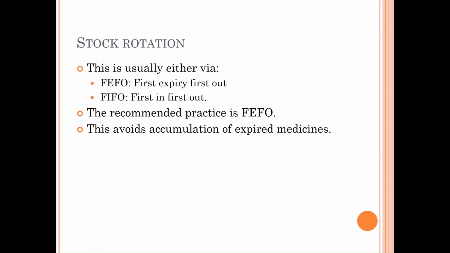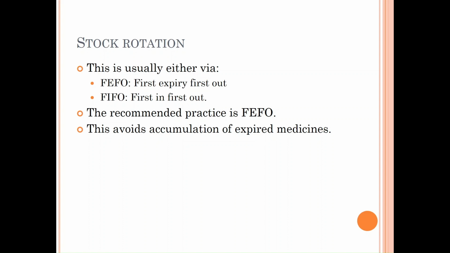So first in, first out, and then first expiry, first out. In case we have two shipments, for example, we received medicines today on 15th March 2024, and then we receive again on 15th April 2024. But the ones received on 15th April have a short expiry compared to those received in March.